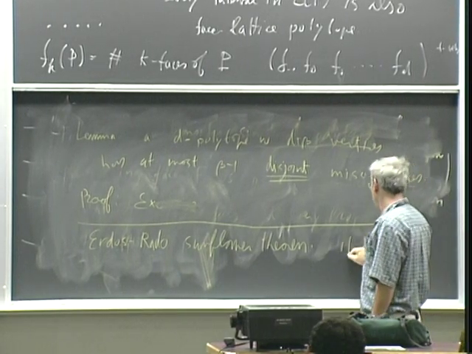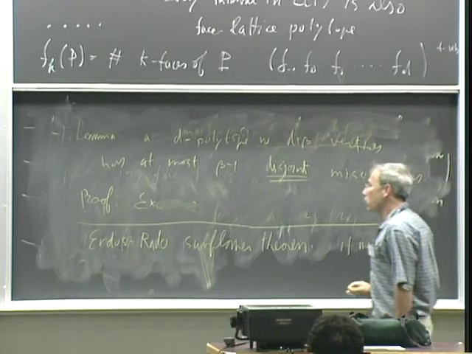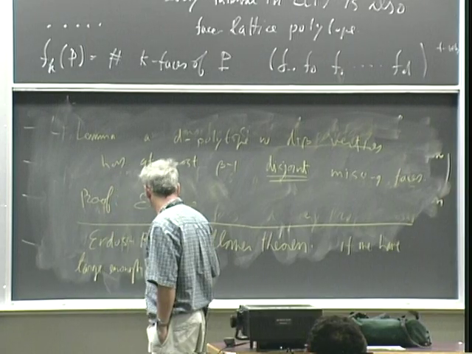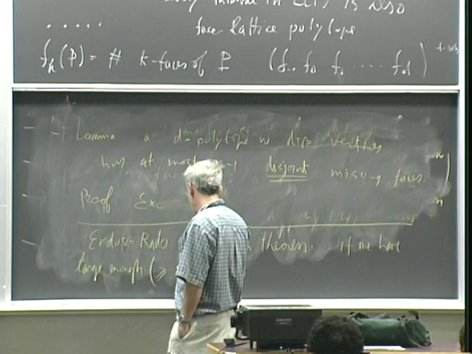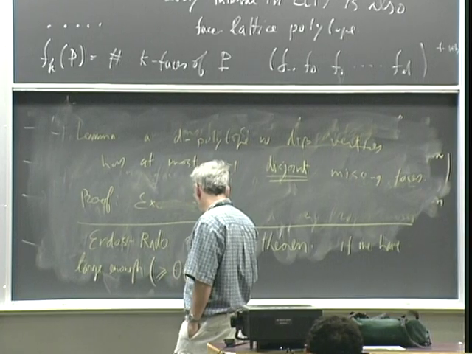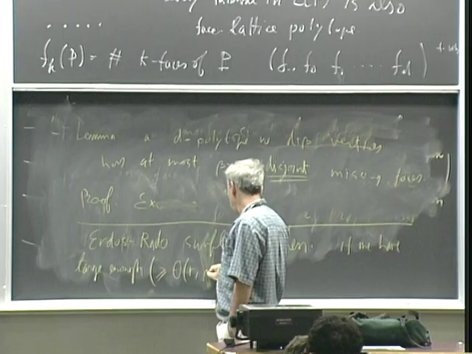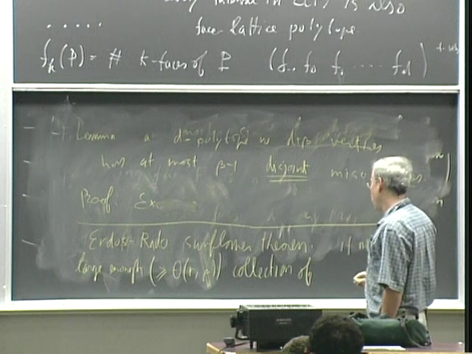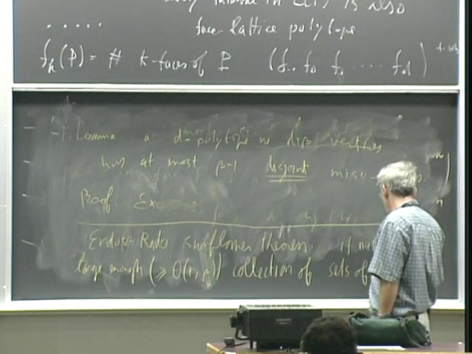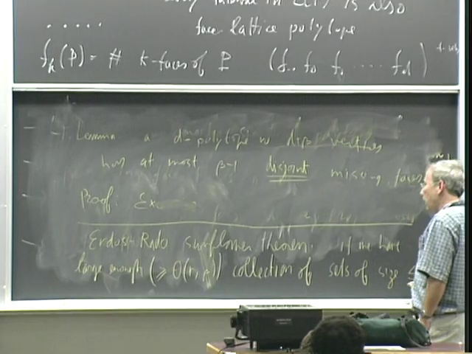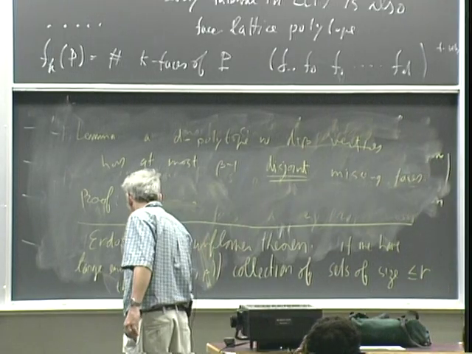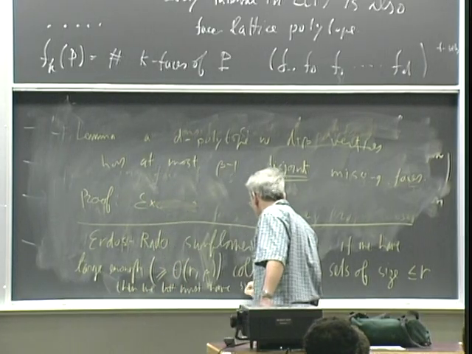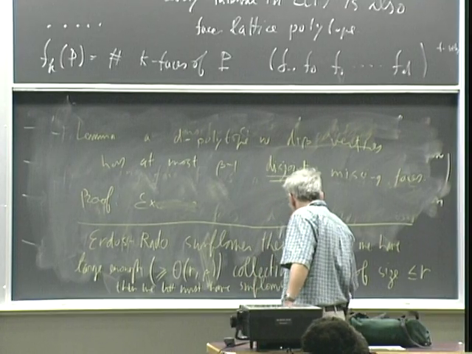It says that if we have a large enough collection, larger than or equal to some theta of R and beta, of sets of size smaller than R, then we must have a sunflower of size beta.